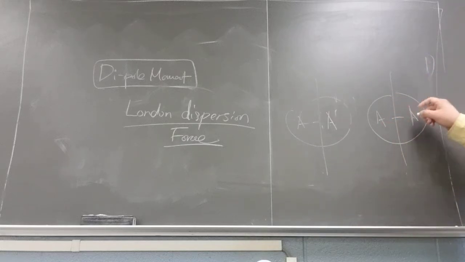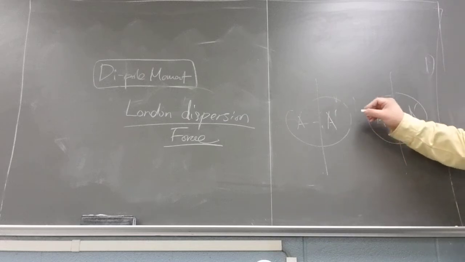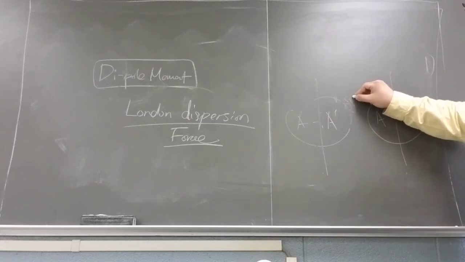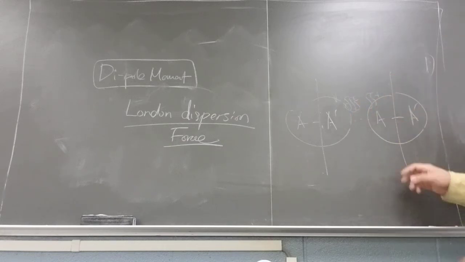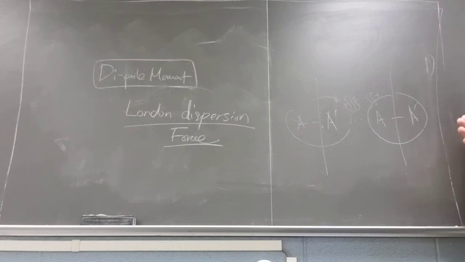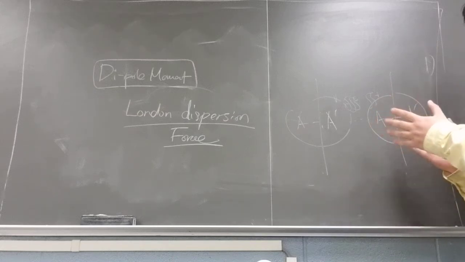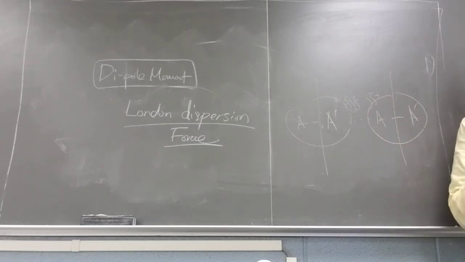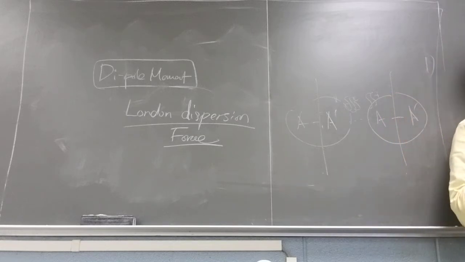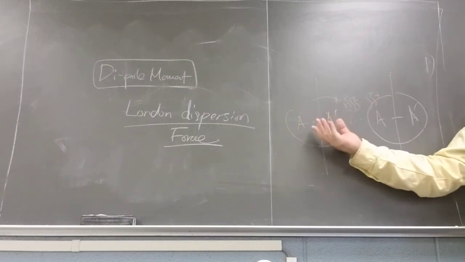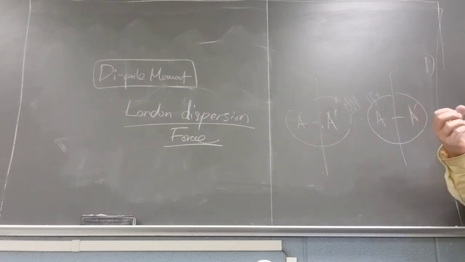So A and A prime, which are the same elements, might still be slightly negative and slightly positive, relatively speaking, and they may have a very small interaction, very weak, and for a very short period of time, because we understand the electron as a standing wave, and try to apply this wave function to find the 3D map of finding the electrons, but we can have certain times that it becomes slightly polar, so there should be some very small interaction.